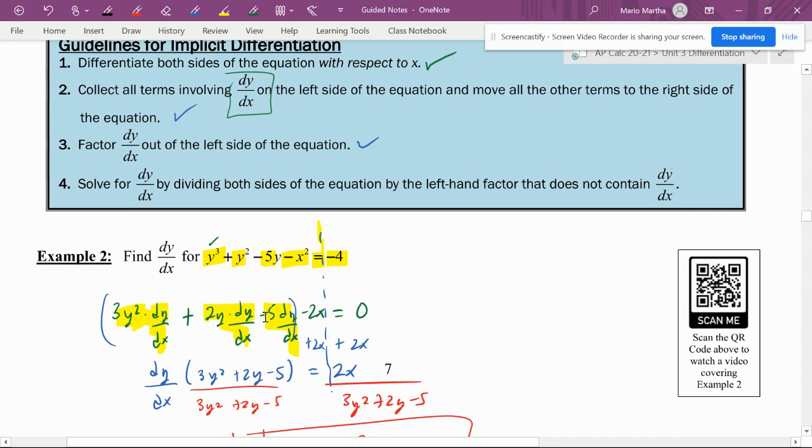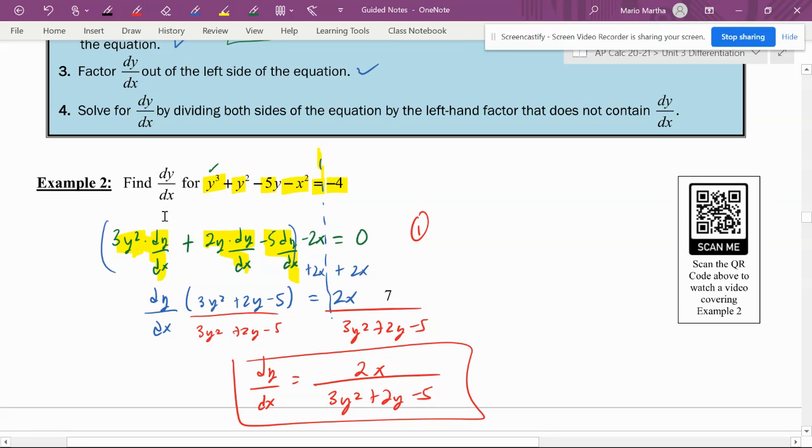So again, following the steps, we differentiated both sides here. That was our step 1. We collected all the terms. These are all the terms. That was our step 2. And then our step 3, we divided both sides of the equation. Actually, we factored out. Step 3 was factoring it out, which is what I did right here.